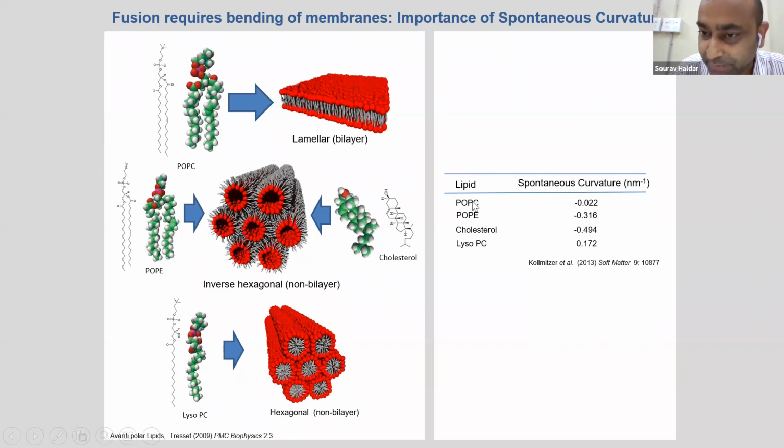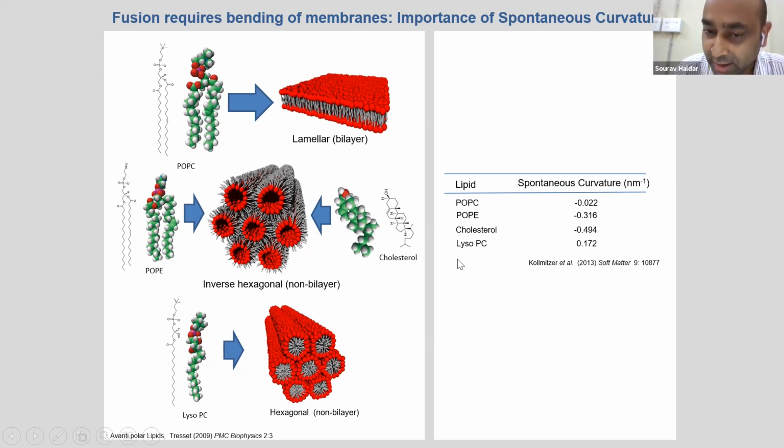For example, POPC has a very negligible negative spontaneous curvature, negative 0.022. So that's why it prefers to form a lamellar structure. Whereas POPE and cholesterol have very high negative curvature. On the other hand, lysoPC has a positive spontaneous curvature. So these features modulate the shape of the membrane, or contribute to the remodeling energetics.